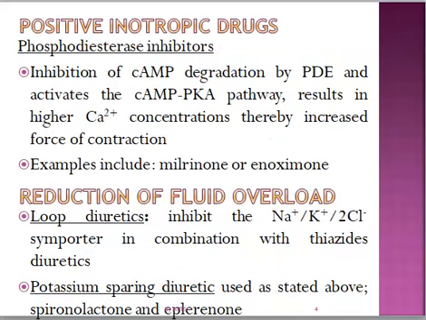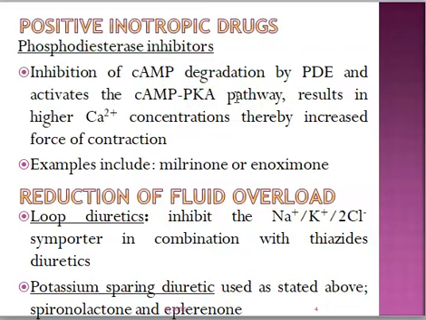Now, the others we have are the phosphodiesterase inhibitors. They cause inhibition of cAMP degradation by the phosphodiesterase enzyme and activate the cAMP-PKA pathway. Now, remember the mechanism of action.